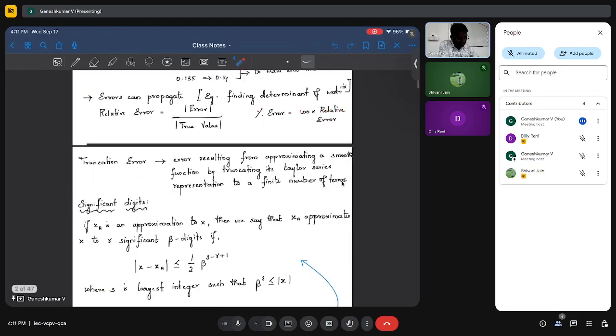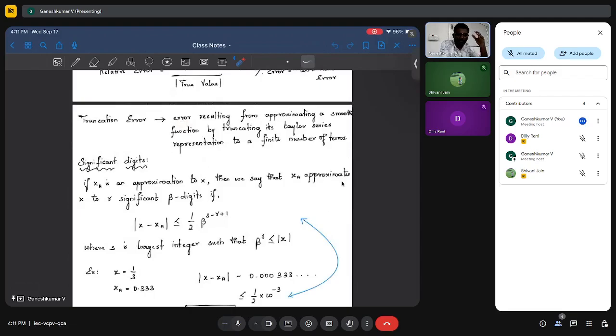Truncation error is the error resulting from truncating the higher order terms in your Taylor series expansion. So for example, it is the error resulting from approximating a smooth function by truncating its Taylor series representation to a finite number of terms. Usually any function can be represented as a Taylor series expansion, right? If you want to evaluate a function at x, by knowing the function value at x naught, you can always represent it as a Taylor series expansion about x naught, right?